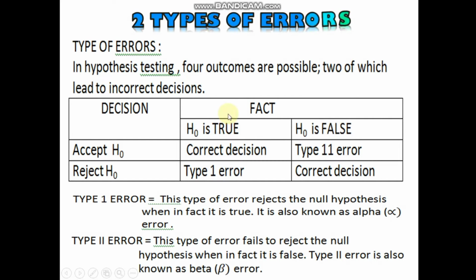And then the decision, again, is whether to accept or reject the null hypothesis. Now, if the fact says that the null hypothesis is true, of course, the correct decision is to accept it. Kasi true, di ba? So, tama, totoo. The statement is true. Anong gagawin mo? Di ba, i-accept mo dapat yung statement?